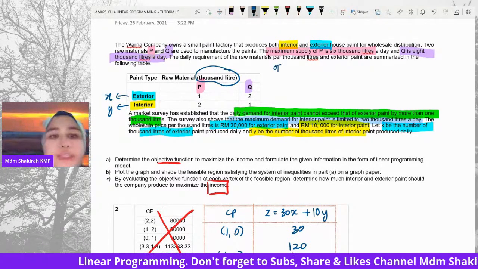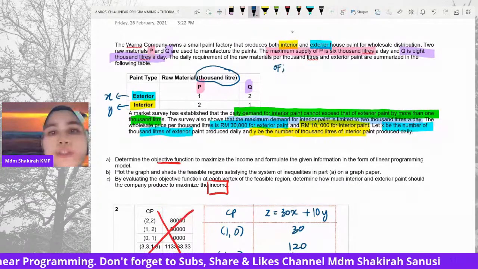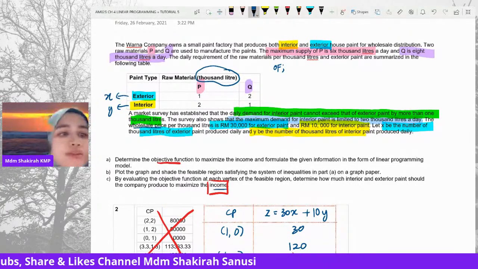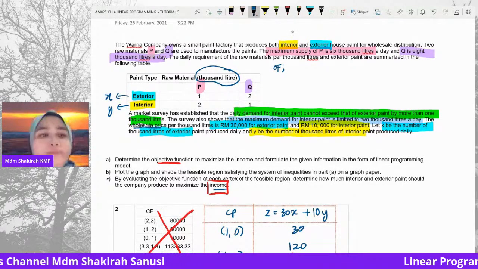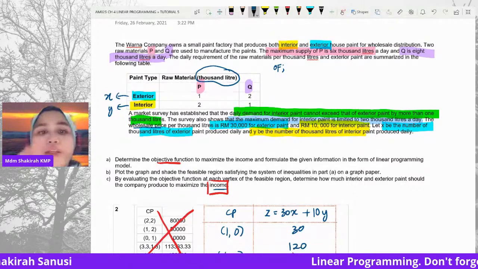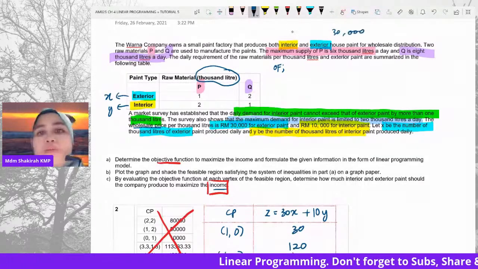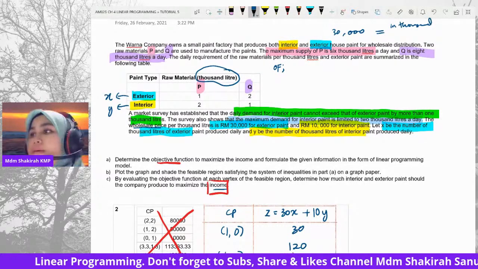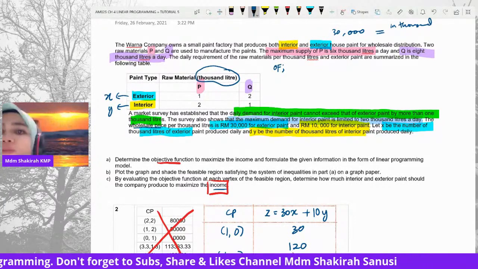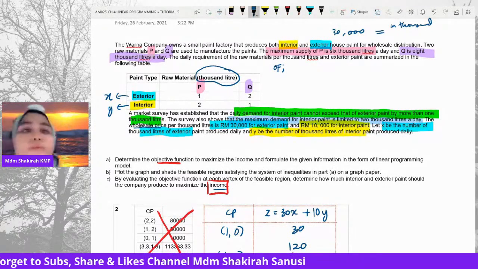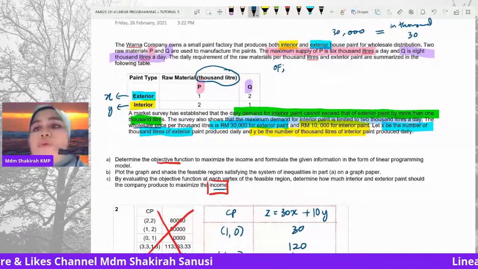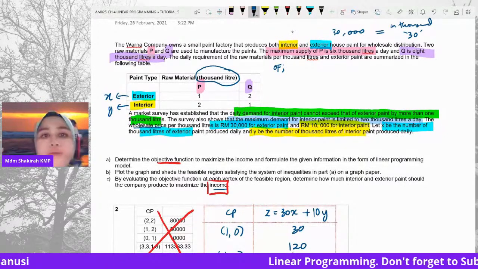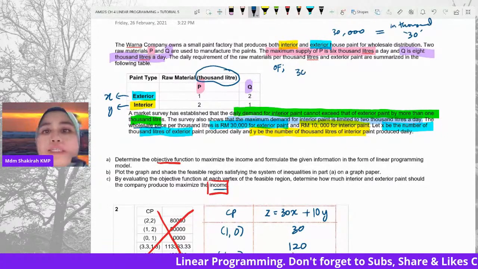Kita punya objective function adalah the wholesale price kan? Kita punya income, maksudnya duit lah. So dia adalah 30,000 kan. Kalau kata in thousand, kita tak boleh guna 30,000. Kita akan guna dia sebagai 30, macam you divide dengan 1,000 lah. So bermakna kat sini kita punya objective function adalah 30x plus.